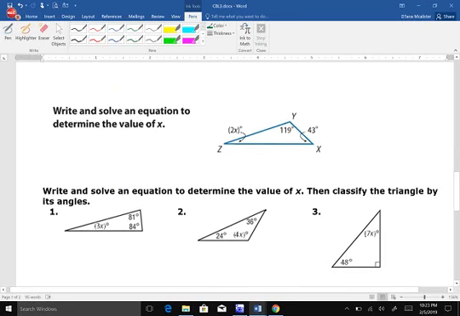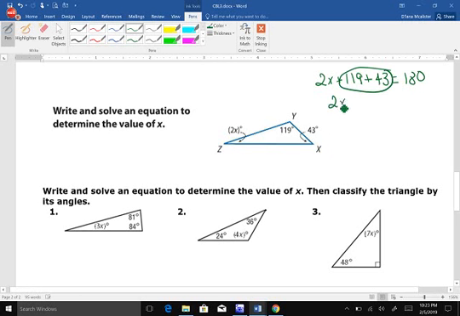Let's take a look at the first example given on the next page. It says to write and solve an equation to determine the value of x. And remember, all the angles inside of a triangle add up to 180 degrees. So we have 2x plus 119 plus 43 equals 180.